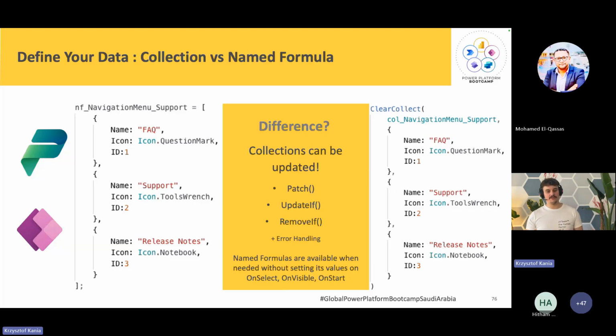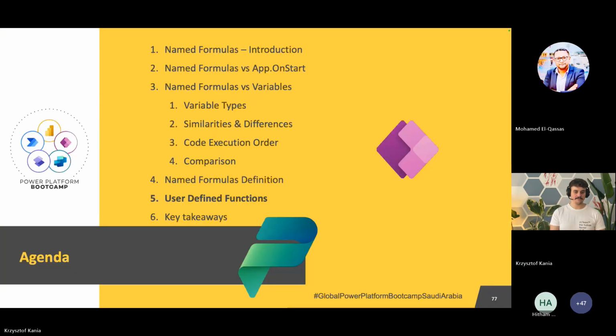You can use Patch, you can do UpdateIf, RemoveIf, you can do some error handling, but you have to call it to life. So if something is to be changed in the application later, it is really good to use collections. If that value should most likely be static, you can use named formulas, and it will be called to life whenever you need it. So if you don't use your navigation, it's hidden and doesn't have to be called.